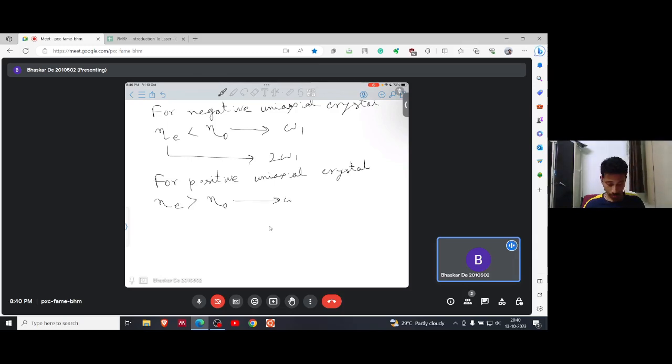So here it will correspond to 2 omega 1, this will correspond to omega 1, and we will have the phase matching condition satisfied.